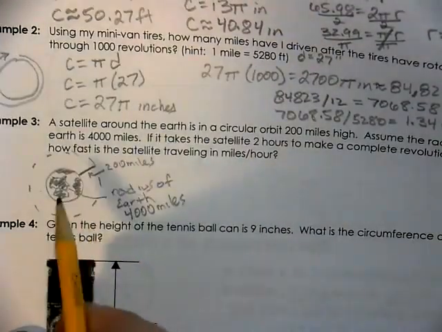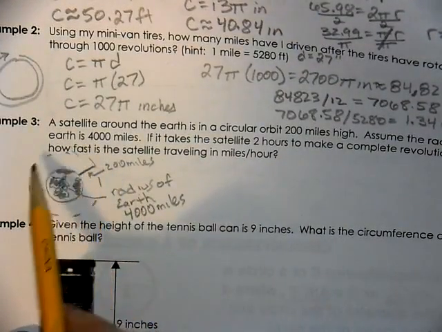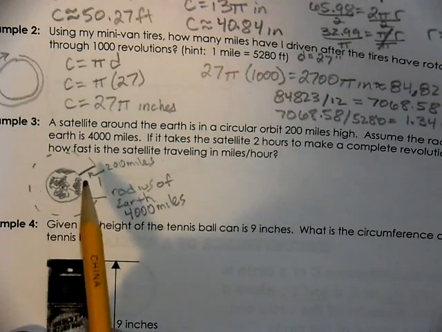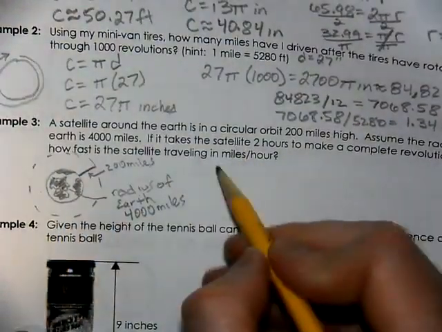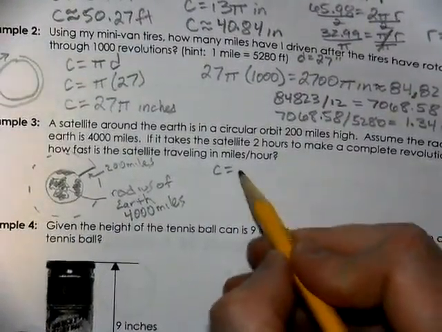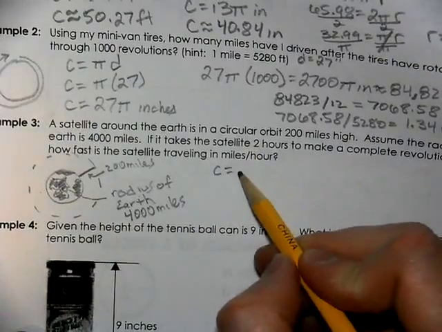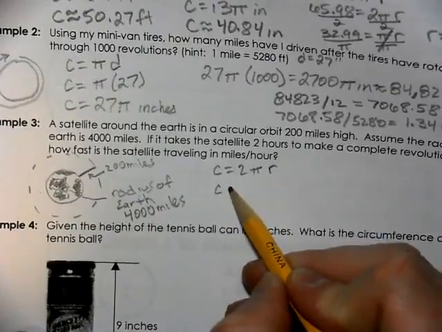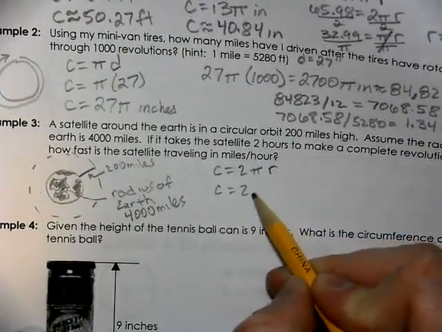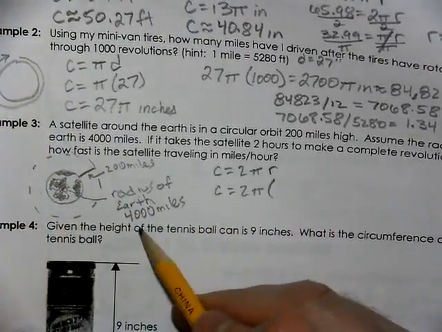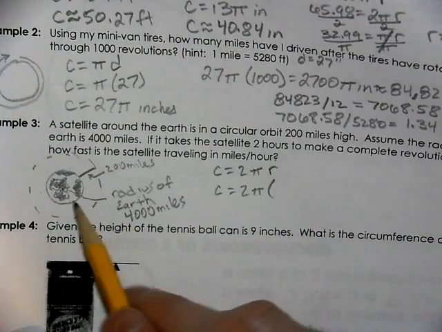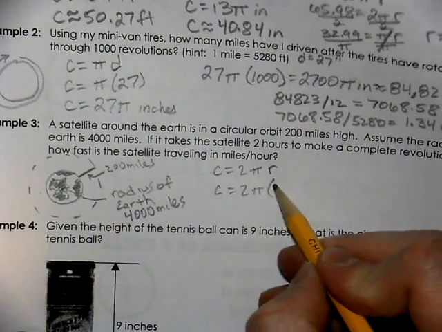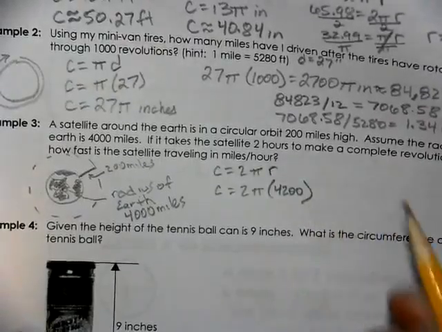So, if we want to figure out how far the satellite is spinning around, and then from there we can figure out how fast it's moving, we're going to have to work with circumference again. Circumference, since we're working with radiuses, we're going to use 2 pi r. The circumference is 2 pi, and our radius for the Earth, it's 4,000, and then 200 more, so 4,200.